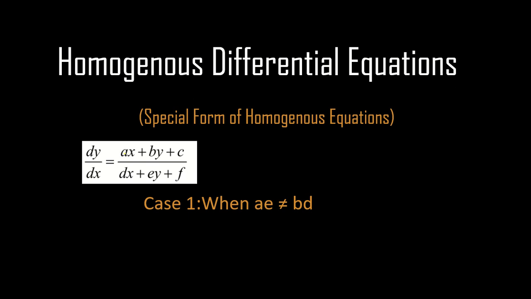The product of the coefficient of x and the coefficient of y in the denominator, when we multiply, is not equal to the product of these two other coefficients. So let us consider some example. dy by dx equals (x plus y plus 4) divided by (x minus y plus 6).